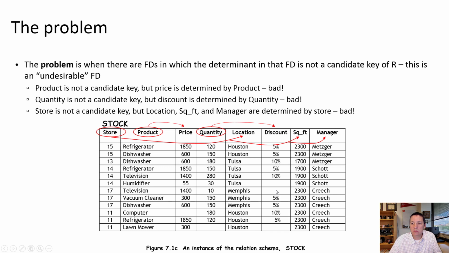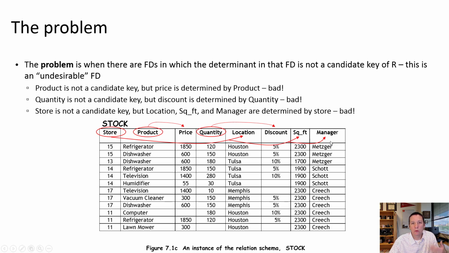And finally, the functional dependency that store functionally determines location, square feet, and manager. Store, again, is not a candidate key. It's a key attribute. It's a proper subset of a candidate key, but store is not a candidate key, and that's why we have problematic data redundancy in these attributes location, square feet, and manager.